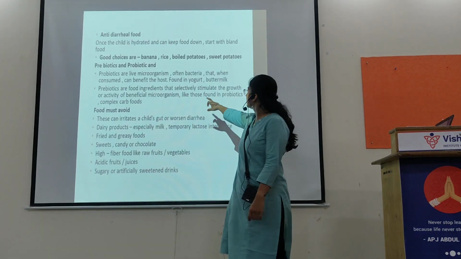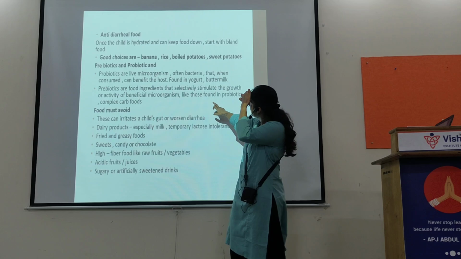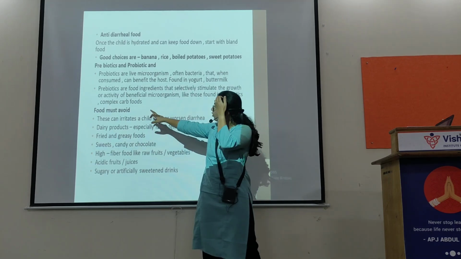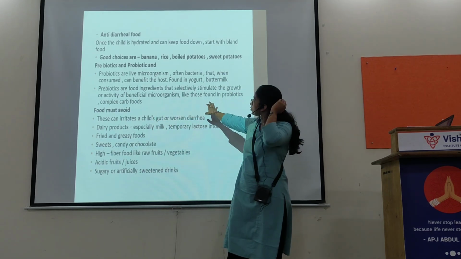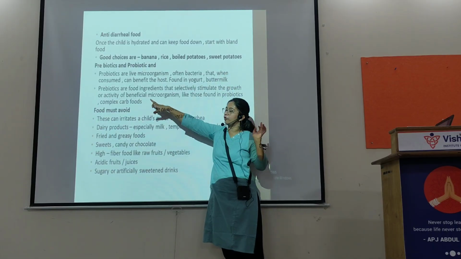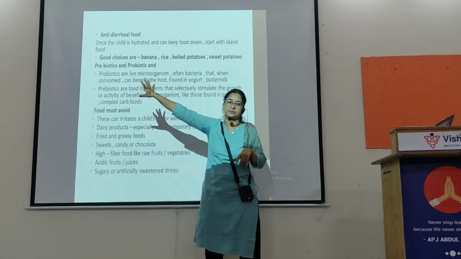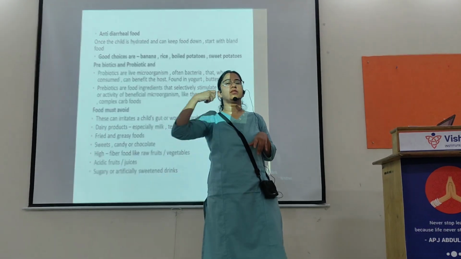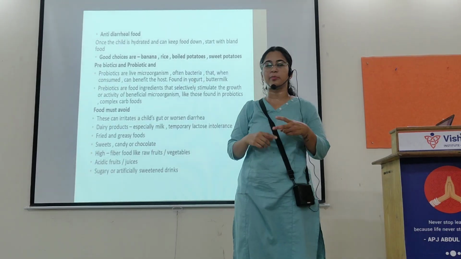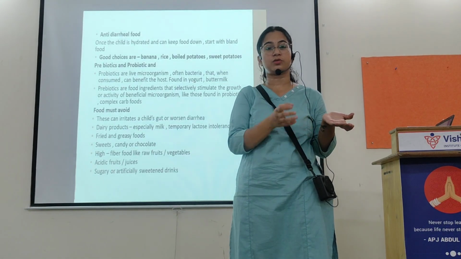So these prebiotics are complex carbohydrate foods. These are banana, rice, potatoes, wheat, which are the prebiotics, and the yogurt and buttermilk are the probiotics. Whenever you want to give curd or buttermilk to the child, give the prebiotic list 2 hours before.